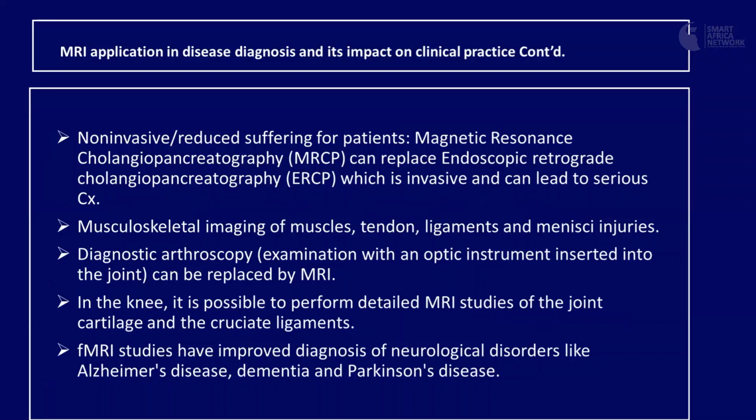For instance, MRCP, magnetic resonance cholangiopancreatography, can actually do what the ERCP will do, especially if intervention is not needed. Okay, and then it can also do diagnostic arthroscopy. Then functional MR studies have improved the diagnosis of neurological disorders like Alzheimer's disease, dementia, and Parkinson's disease.